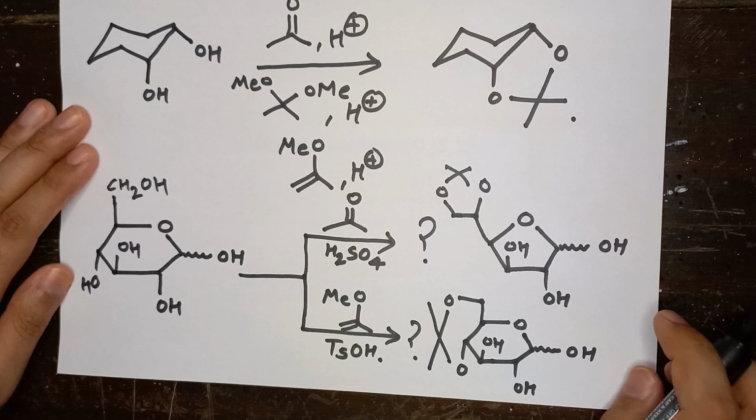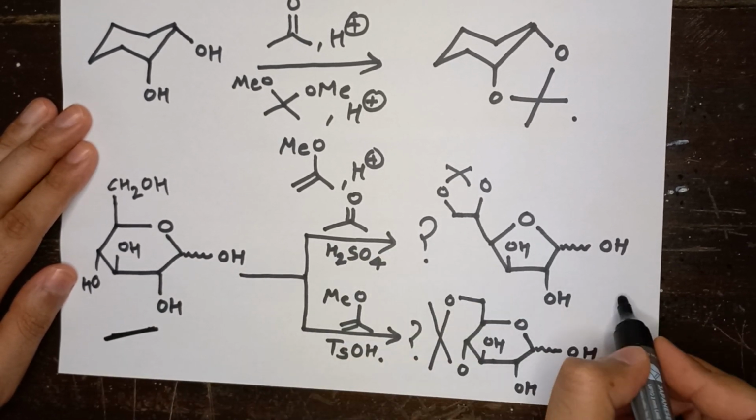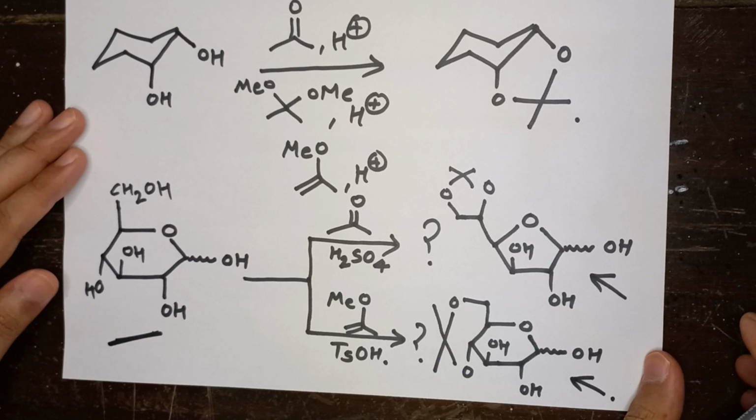So pause the video and react this molecule with acetone H2SO4 to get this product, and with enolic ether under acidic condition to get this product. Try out the mechanism. So now let's solve it.